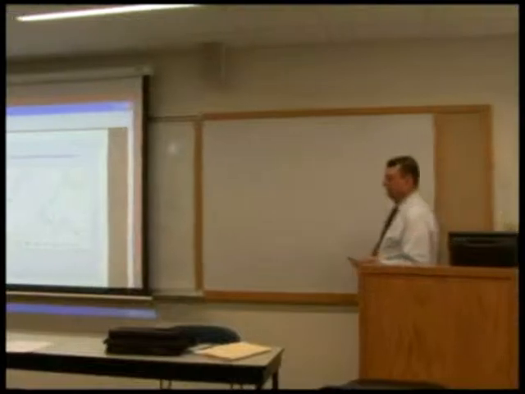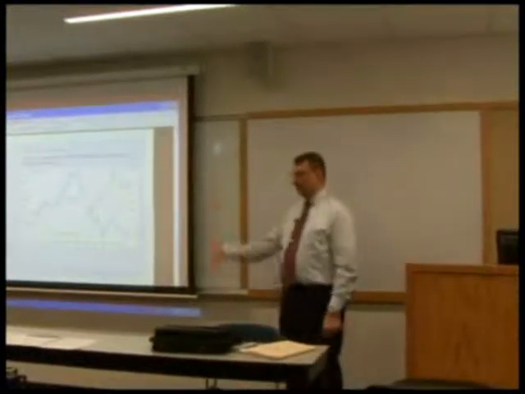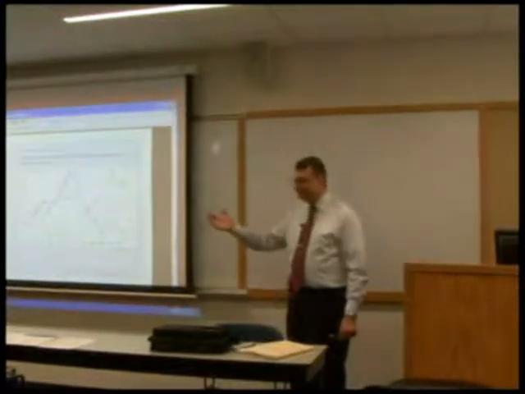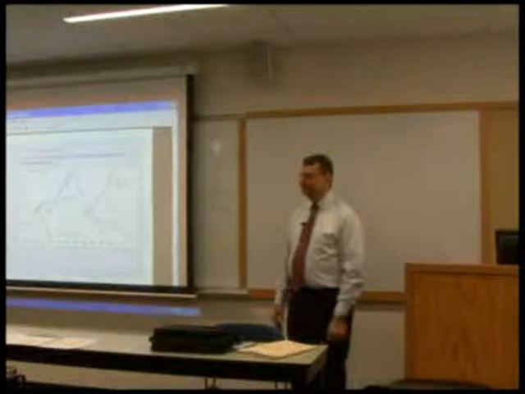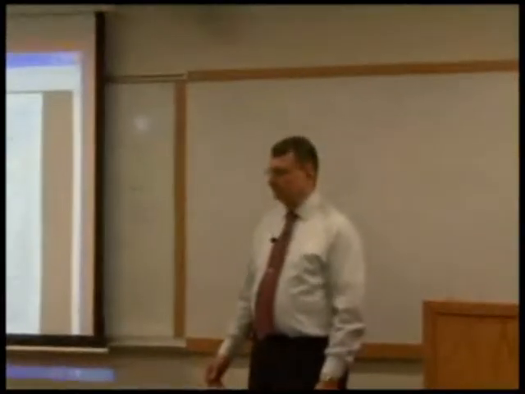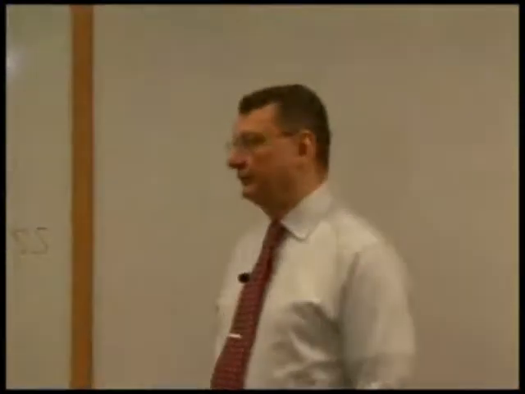Most of the time, commodity prices and the dollar go in opposite directions. Anybody know why? Why do you think that would be? Major commodities such as gold and crude oil are denominated in US dollars. Right. Most, in fact, virtually all commodities trade internationally.